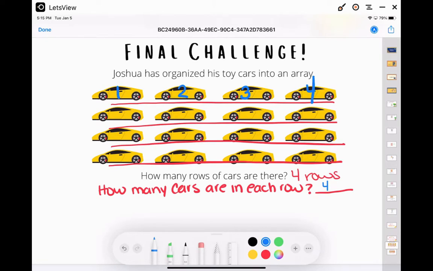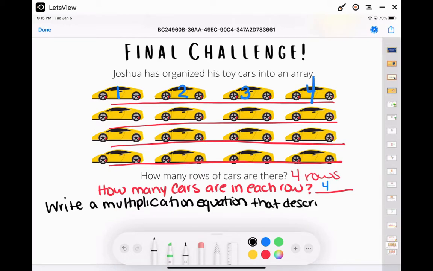My last step for you is to write a multiplication equation that describes the total number of cars.